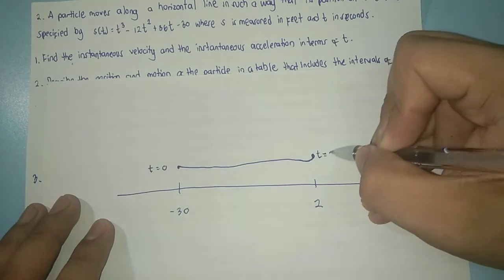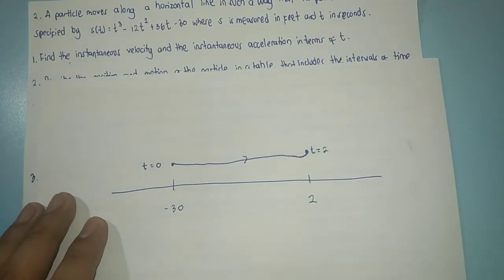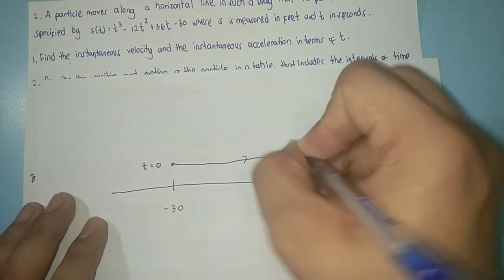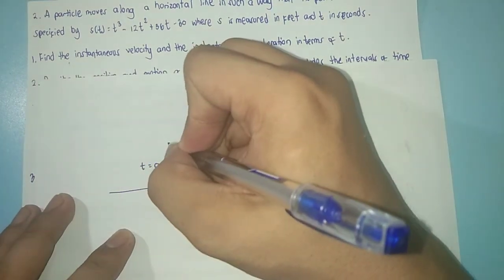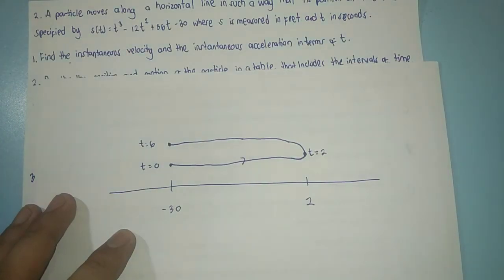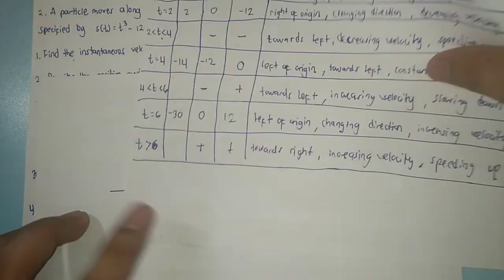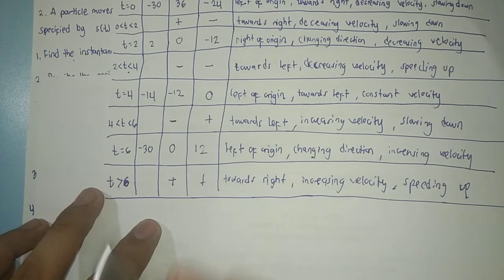At t equals 2. Okay, so dito siya nag-move sa right side. Then, at t equals 6, bumalik siya sa negative 30. T equals 6. Then, when t is greater than 6, so towards right na yung pag-move niya.